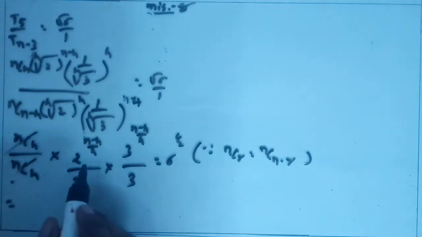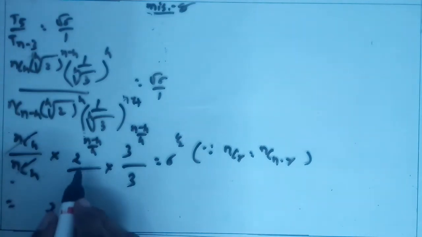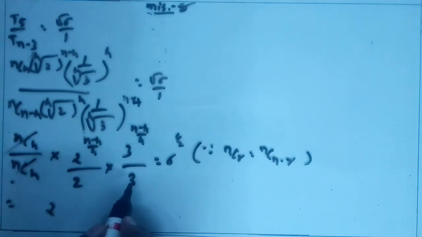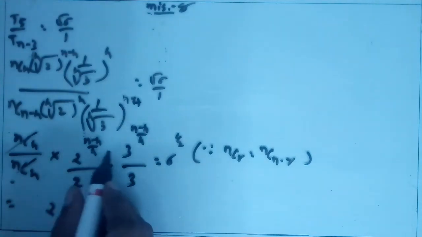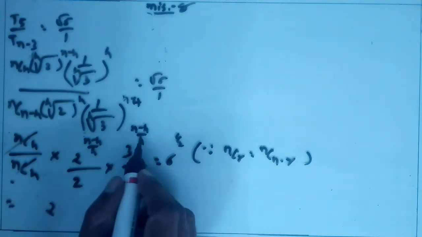NC4 cancel, this becomes 2 raised to n minus 4 upon 4. Take this side: 2 into 3 is 6, so 6 raised to n minus 4 upon 4, and 3 raised to n minus 4 upon 4.